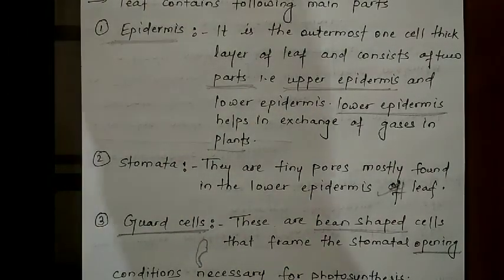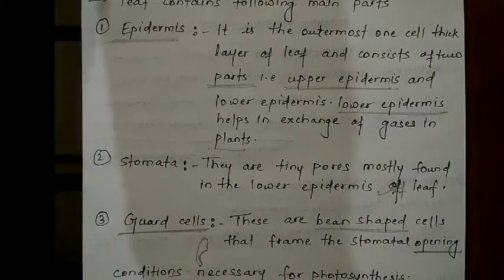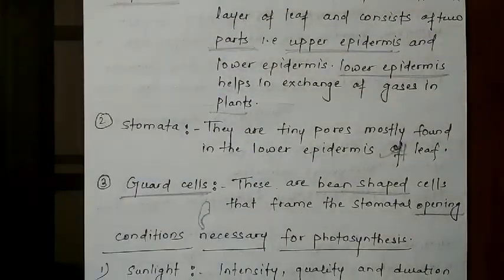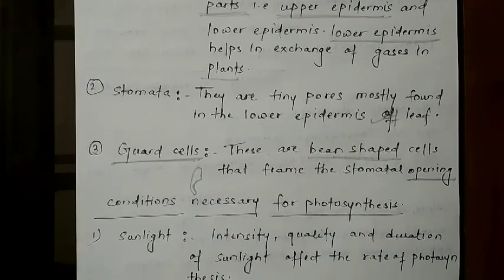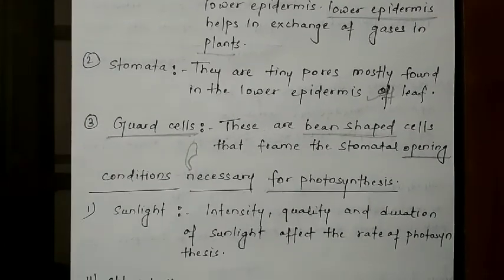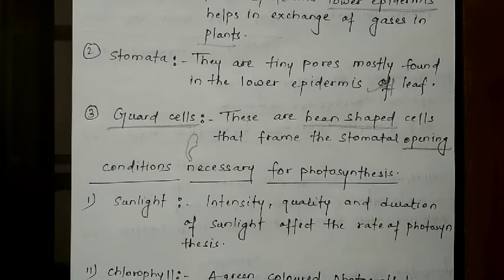Now in the next topic we will discuss the different components which are essential for photosynthesis. There are some components required for carrying out the process of photosynthesis. First component, the most important component, is sunlight.